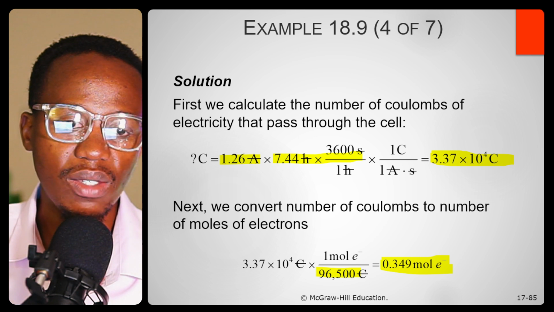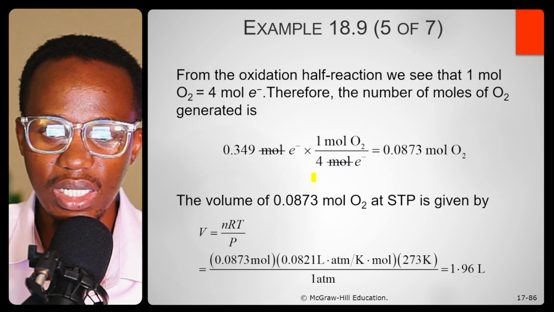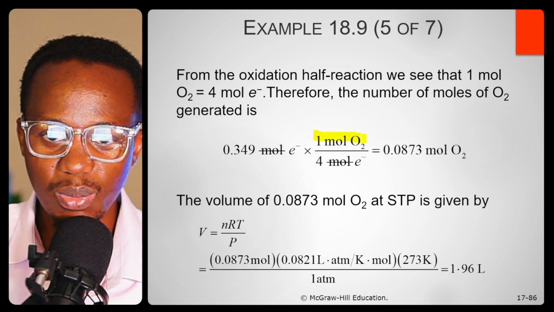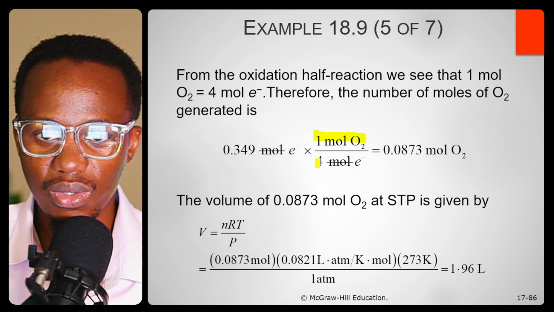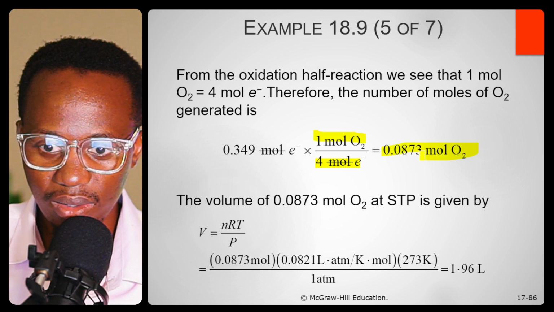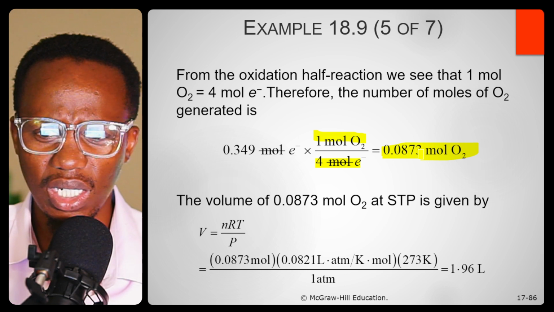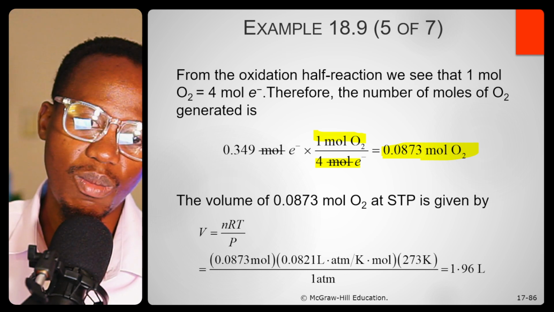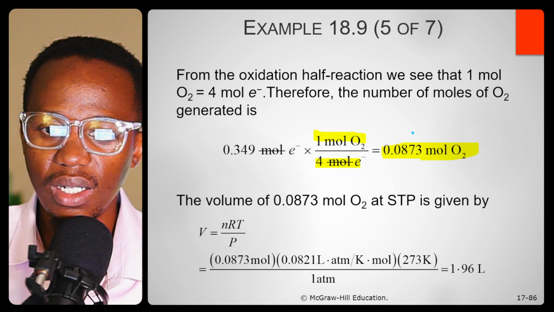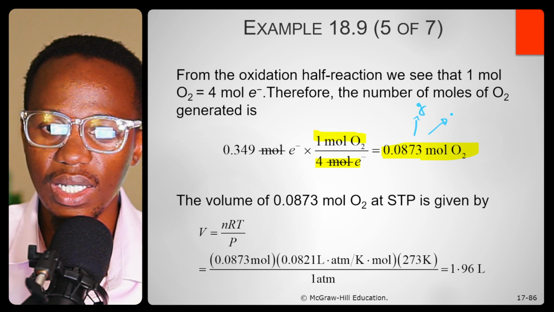But again, they ask for the moles of oxygen. As I was just saying, 1 mole of oxygen is produced by 4 moles of electrons. So we divide by 4 to get the moles of oxygen. And from the moles of oxygen, you can calculate the grams, you can calculate the volume, you can calculate anything, really.